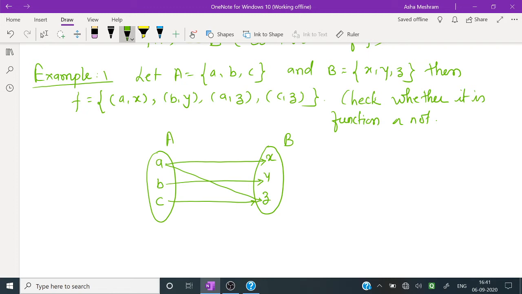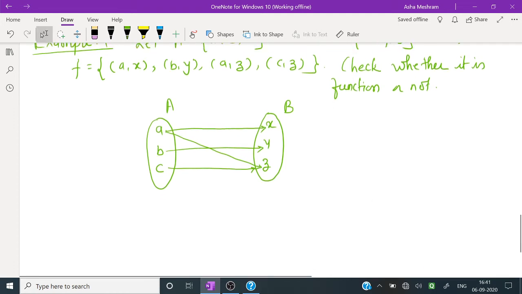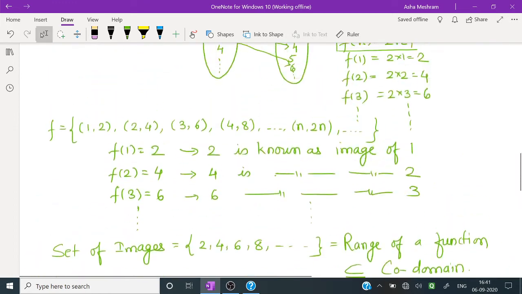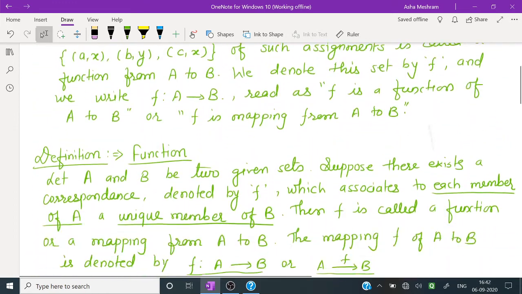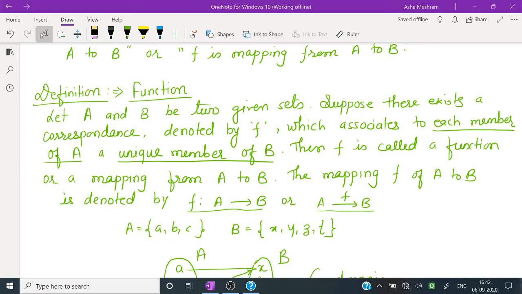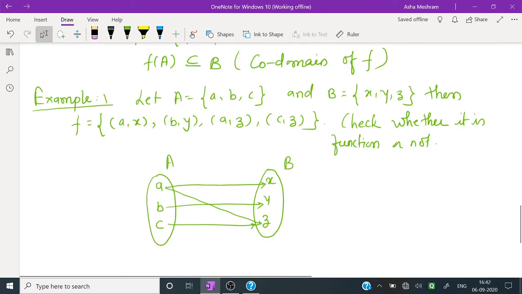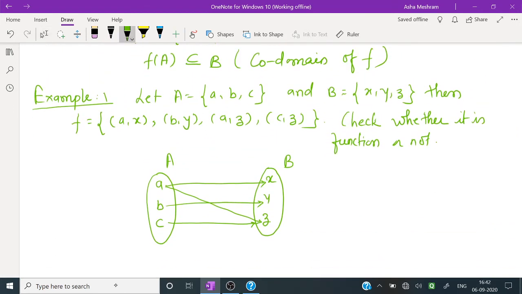So, can you guess whether it is a function or not? And if it is a function, then how, and if not, then how? So let's recall the definition of function. What is meant by function? Each member of A is assigned a unique member of B. You can see in this example that all the elements of A are assigned to some element of B, but here you can see that a has two images.